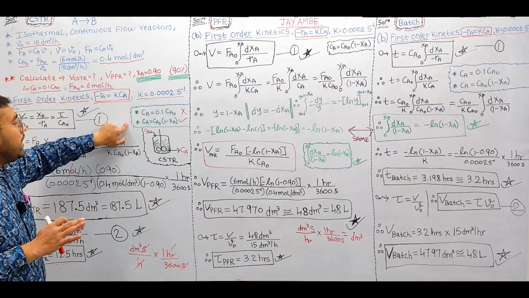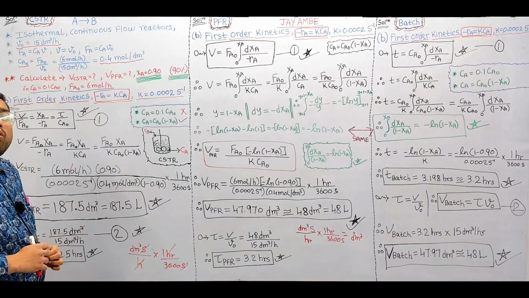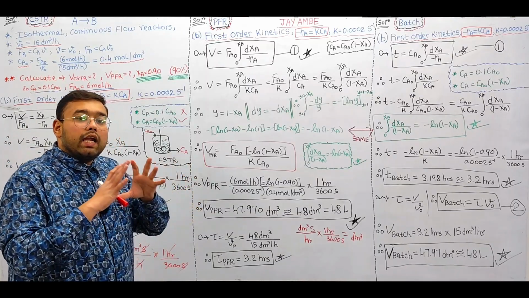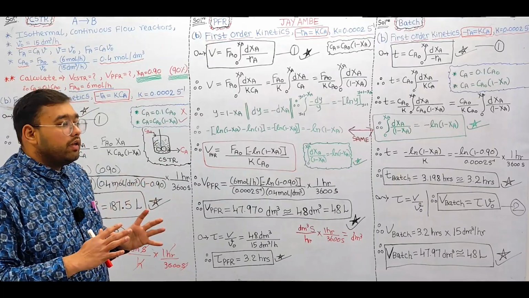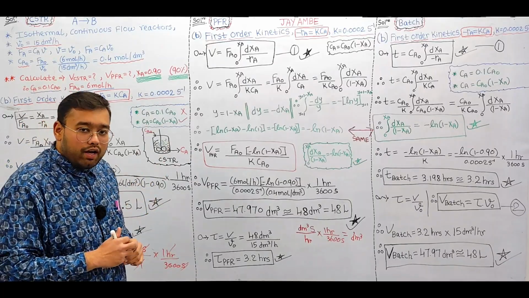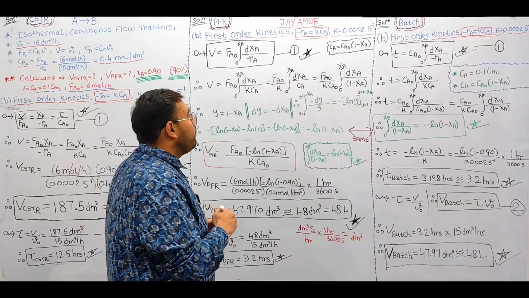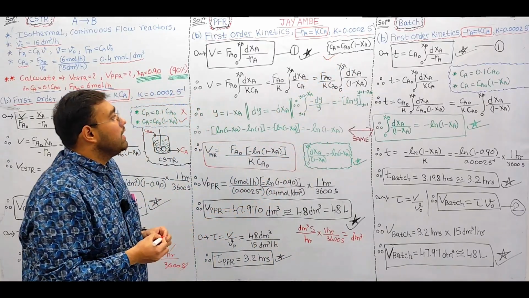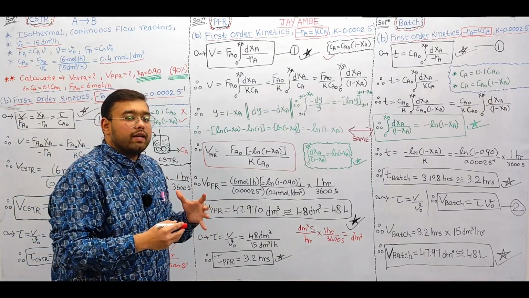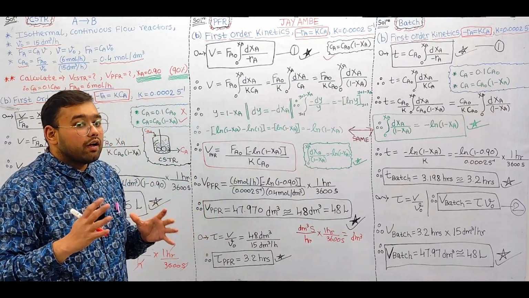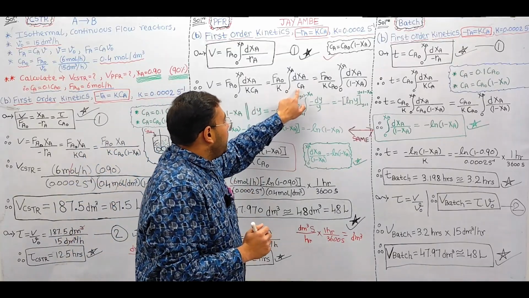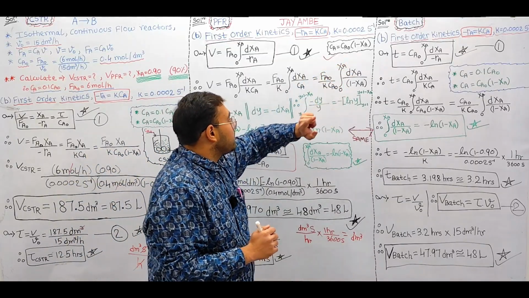By understanding this, CA is equal to CA naught into 1 minus XA, we can understand the concentration of reactant A at any point in the reaction environment of the plug flow reactor, right? So we will use the second form of CA, given as CA is equal to CA naught into 1 minus XA, which is also defined as the conversion. For those reasons, we are writing CA as CA naught into 1 minus XA.